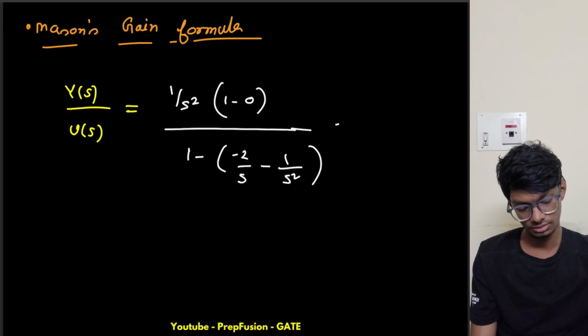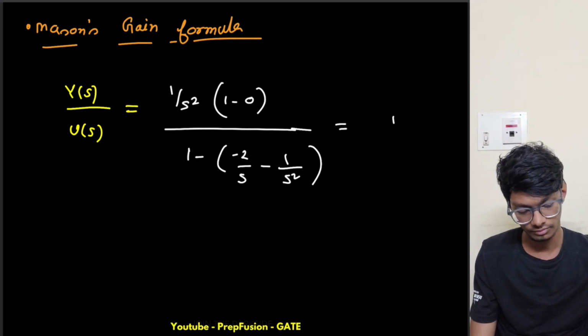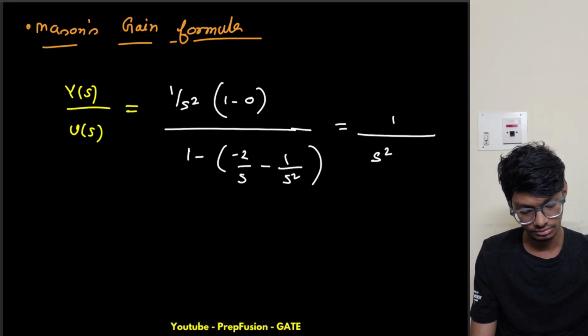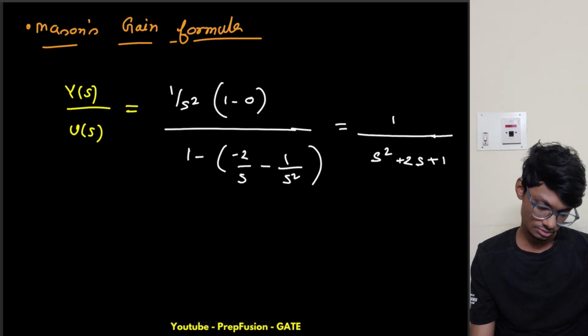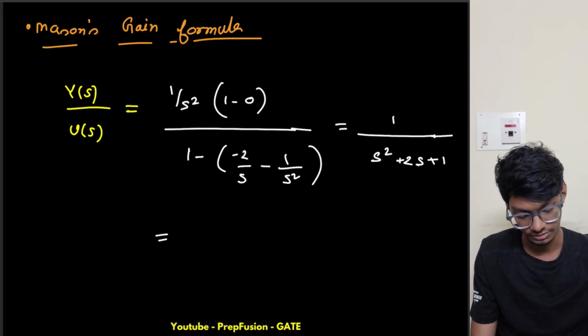Okay, so again multiplying denominator and numerator with s square, what do I get? We get 1 divided by s square plus 2s plus 1, right?